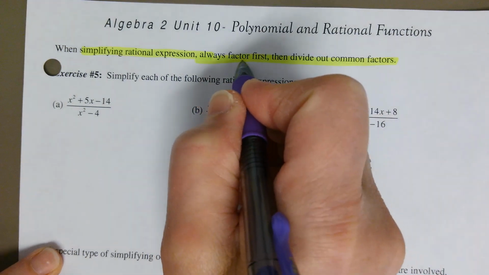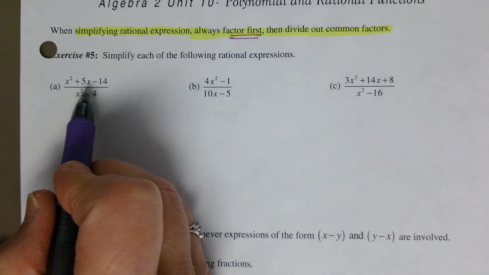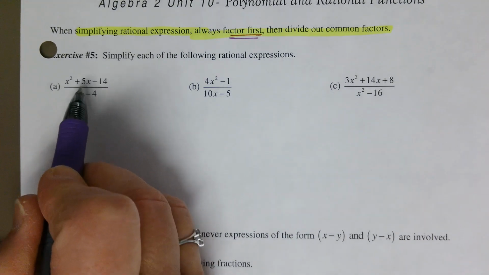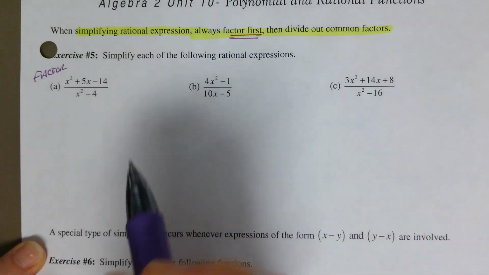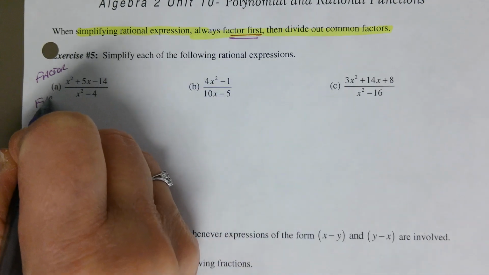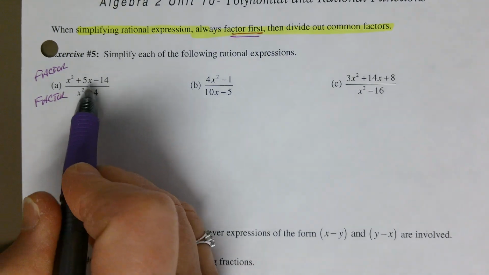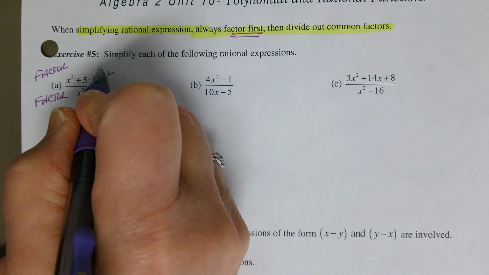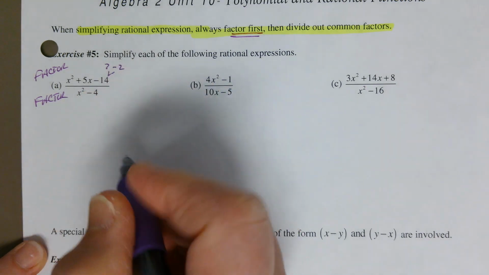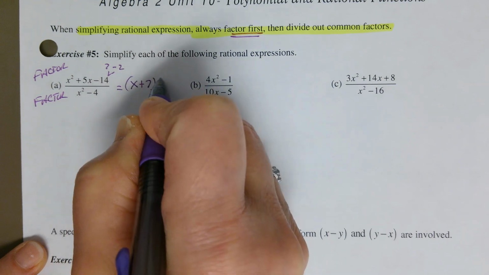Simplify each of the following. Take this trinomial, factor it. Take the denominator, the difference of perfect squares, factor it. So our trinomial, the factors of negative 14 that sum to 5 are 7 and negative 2. And this is x plus 7 times x minus 2.